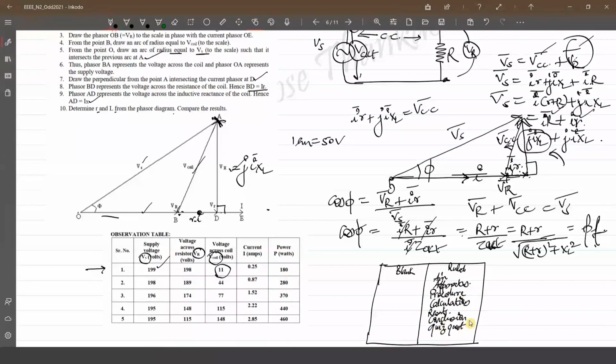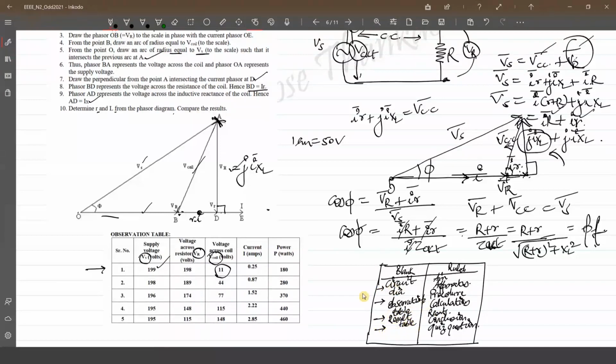This all should be on the ruled side, and on the blank side you can draw the circuit diagrams. Then you can draw the observation table. And in this particular case, result table also you have to draw and fill the values.